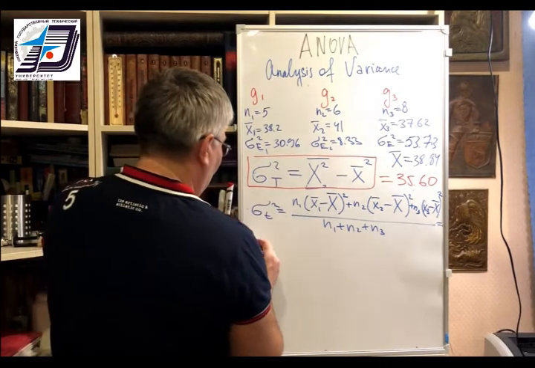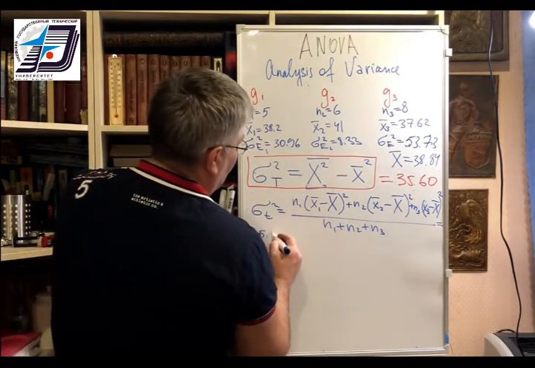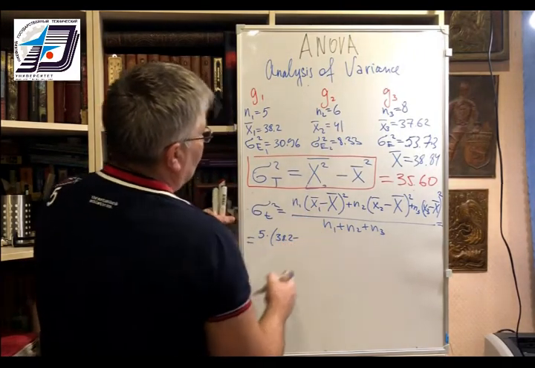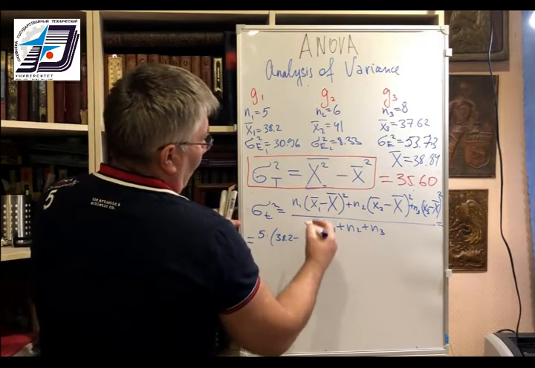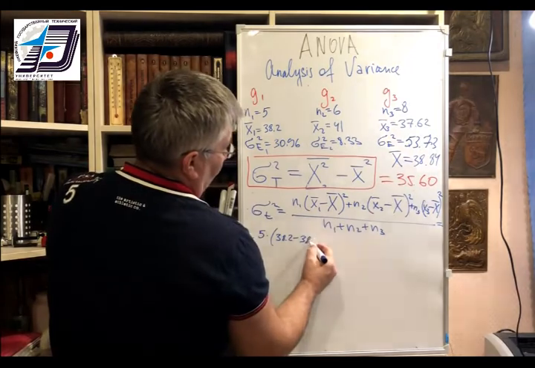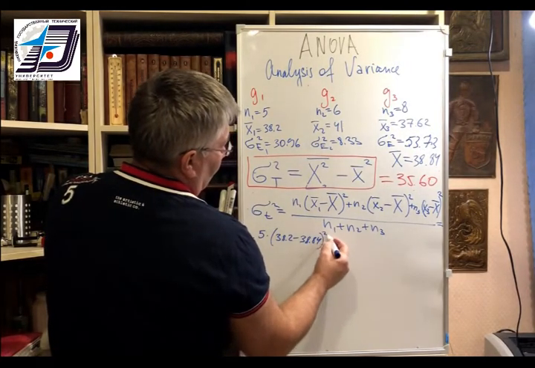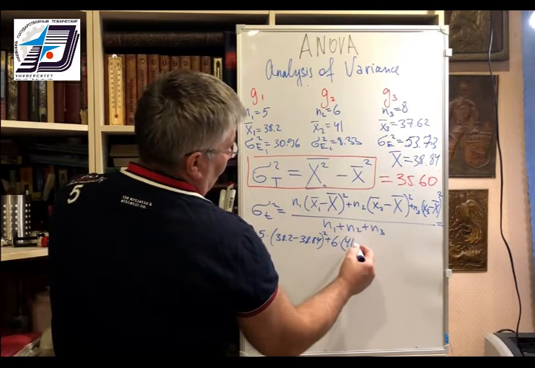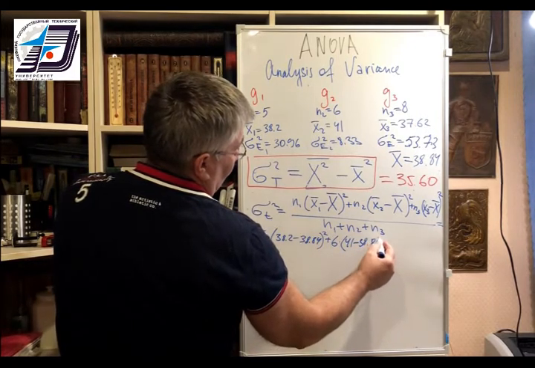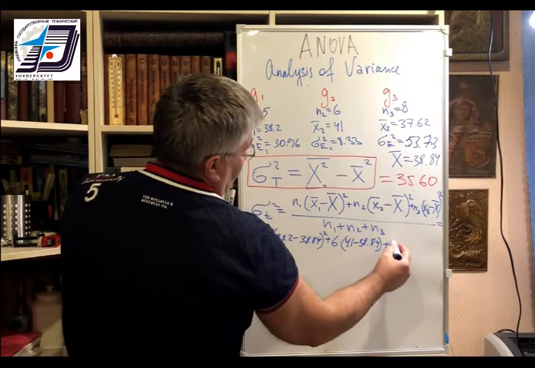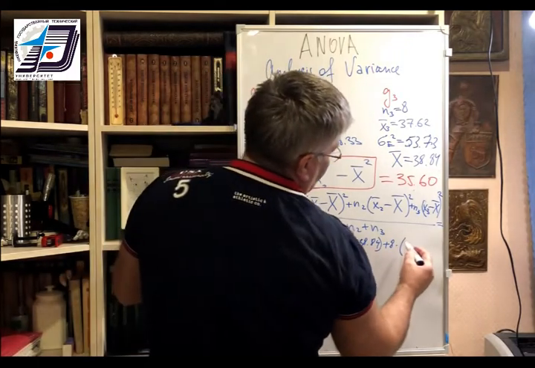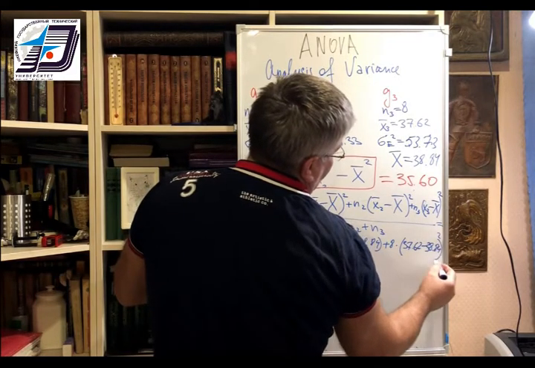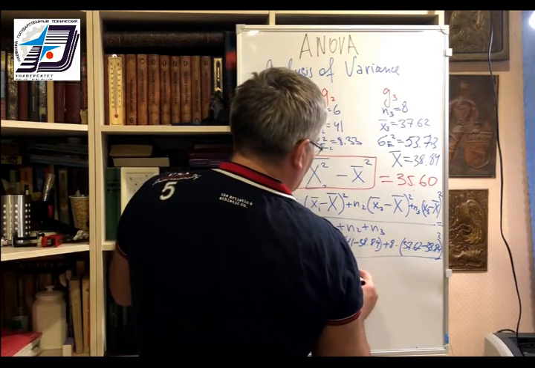And I have here 5 times 38.2 minus 38.84 squared, plus 6 times 41 minus 38.84 squared, plus 8 times 37.62 minus 38.84 squared, over 5 plus 6 plus 8.